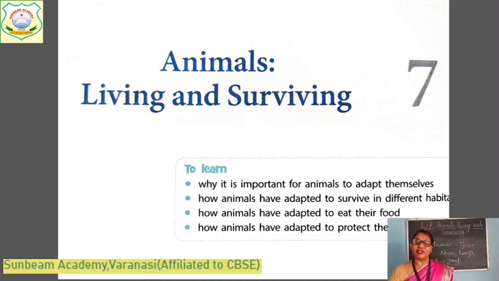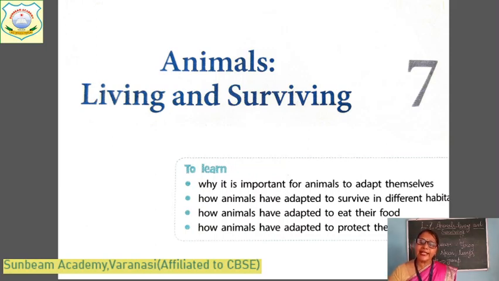They have special features, organs and special behavior, with the help of which they can survive in that particular habitat. How animals have adapted to eat their food. They eat different types of food also. They have adapted for protection, to protect themselves also. We will read these topics one by one.